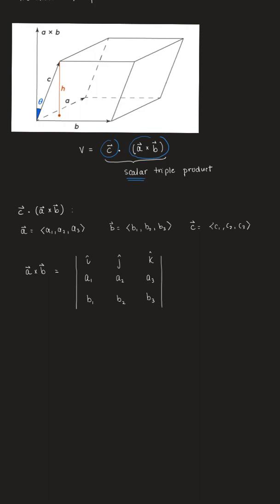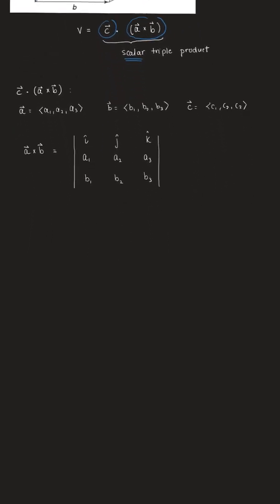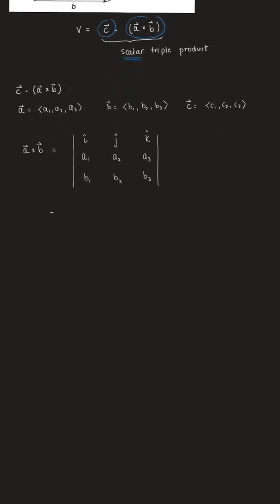And so when we carry out this determinant, we know this will give us a vector. The first component, the horizontal component, will be I times the determinant that we get when we imagine eliminating the row that contains I and the column that contains I. So that's going to be A2B3 minus A3B2.